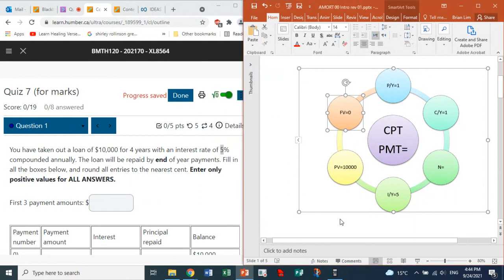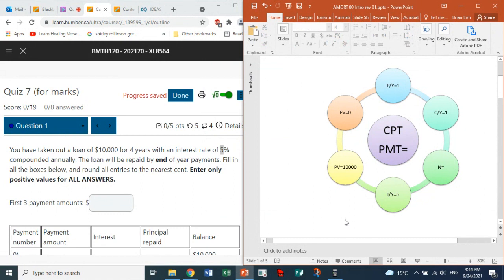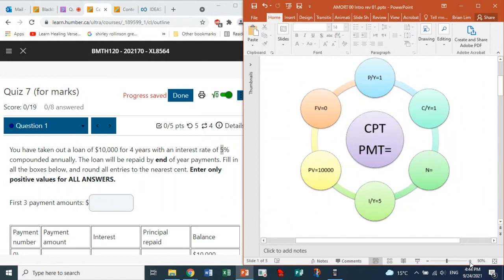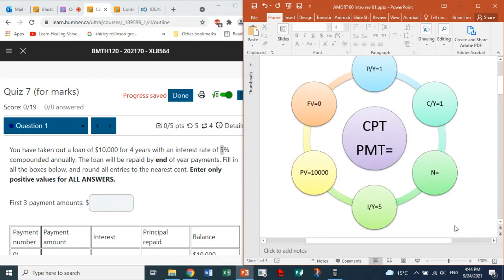So let's put that back in, and there we are. Maybe put it a little bit larger so you can see. So we have the usual PY, CY, and we'll use the calculator to get IY, present value, and future value. So we want to compute the payment.